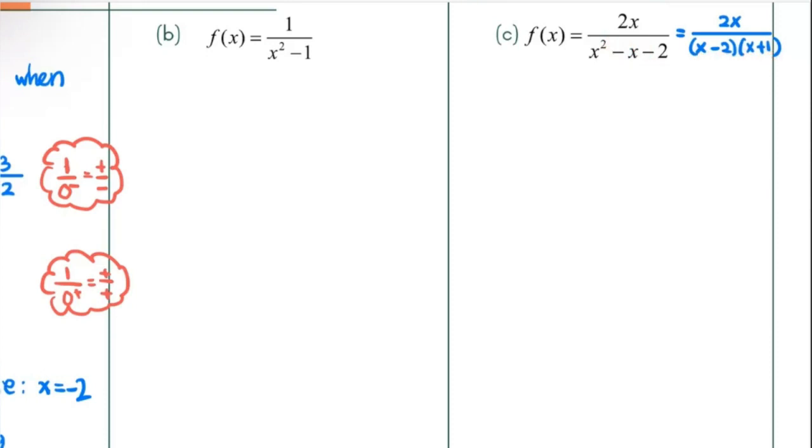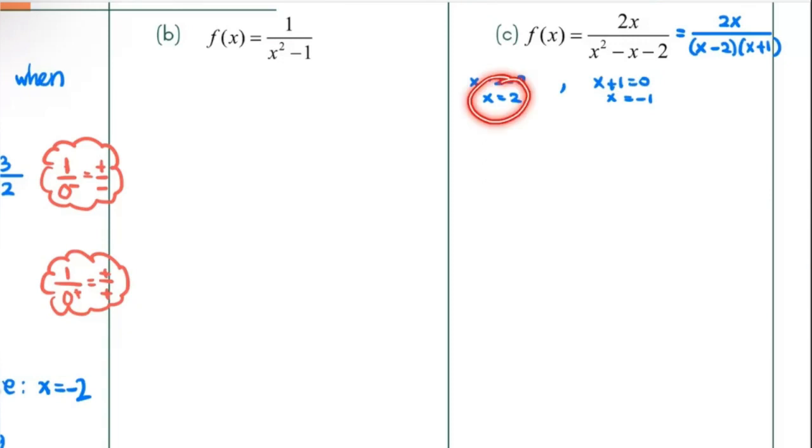Yes. So this quadratic can be factorized into this factor. So saya ada dua value. Okay, that means saya akan gunakan x minus 2 equals to 0. So I get x equals to 2 dan juga x plus 1 equals to 0 and x equals to -1.